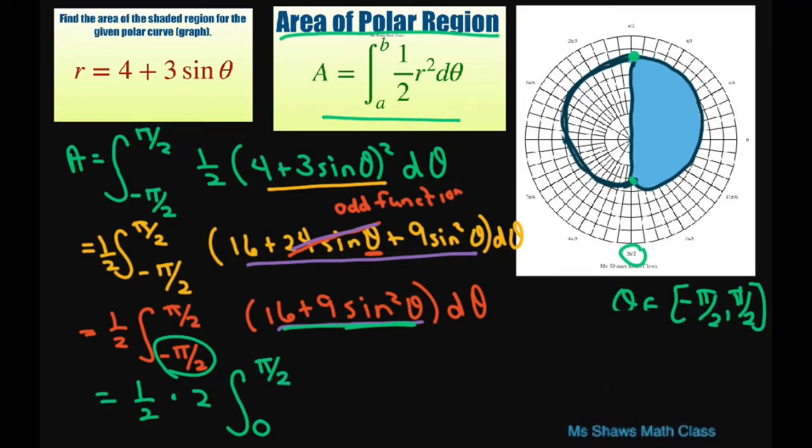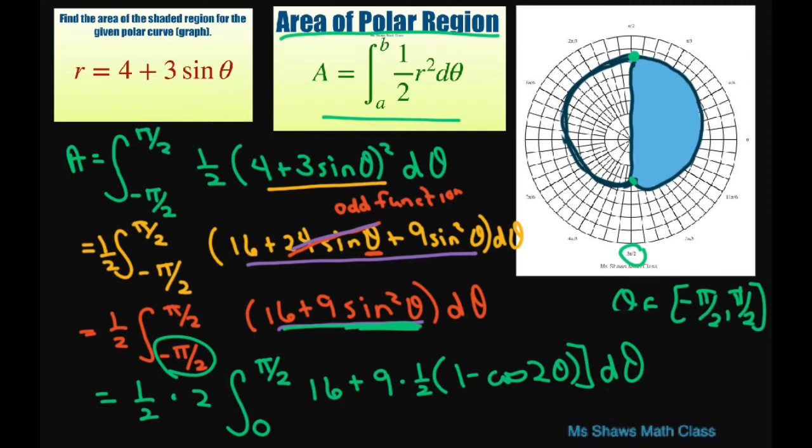And then I'm going to write this as 16 plus 9, and I'm going to use an identity for sine squared as 1/2 times 1 minus cosine of 2 theta d theta. Now we could do this because this is an even function, this part right here, which you've already probably done in integration. Now let's continue on.